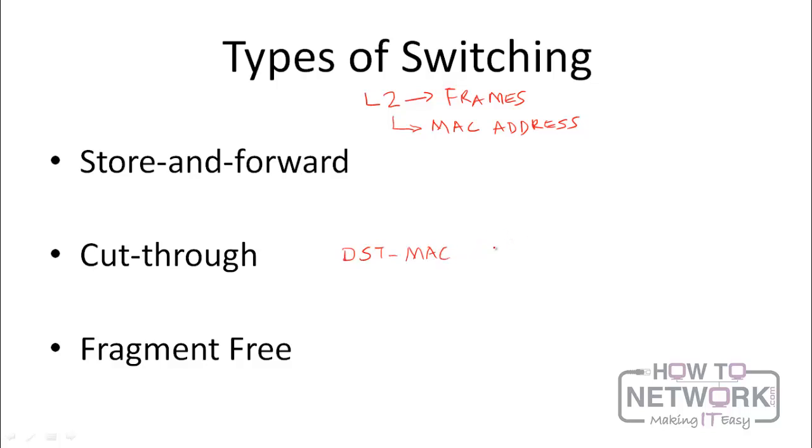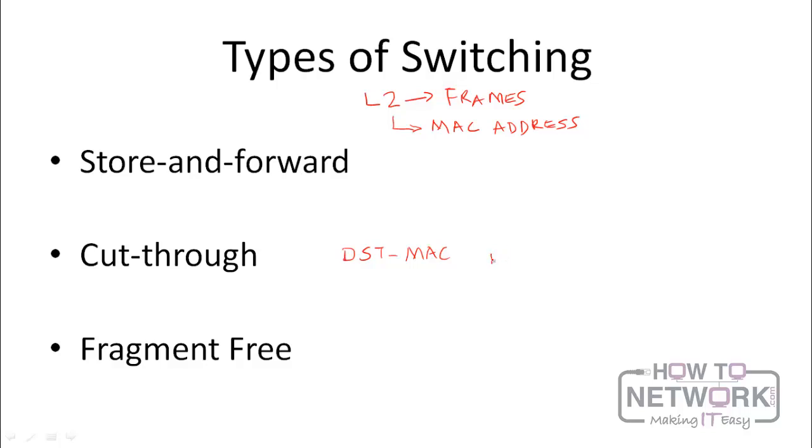When the switch gets a frame, it checks the frame only up to the part where it finds the destination MAC address. Then it decides that based on this information, it can forward it to the destination, so it does not bother trying to store the whole frame before forwarding it. It just forwards it as soon as it learns about the destination.